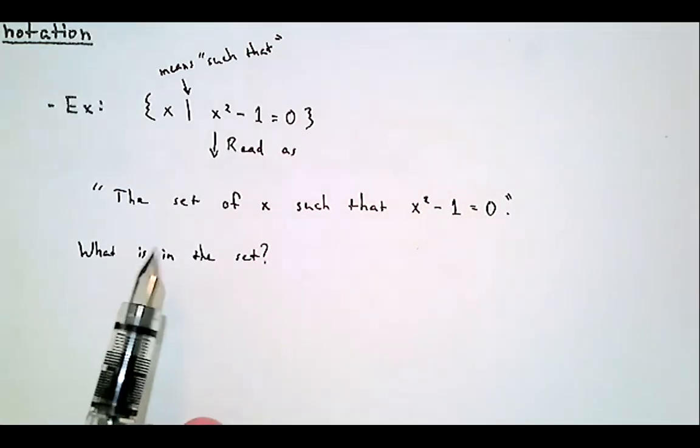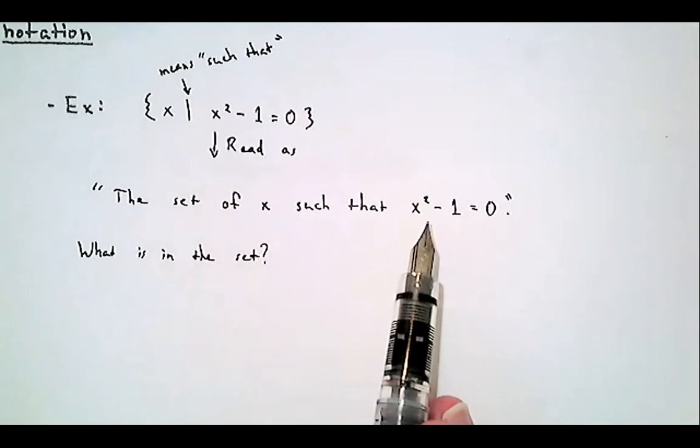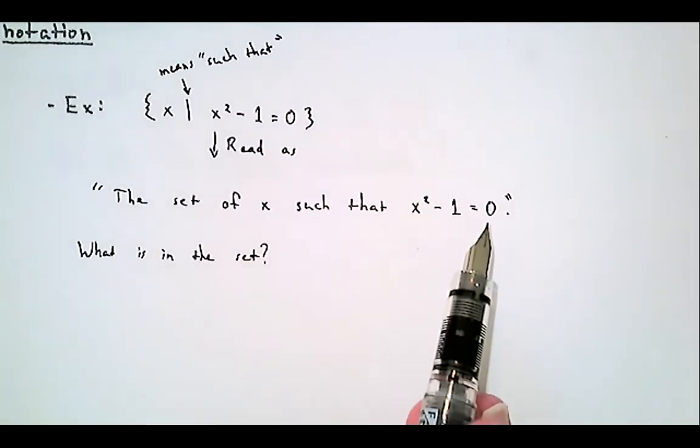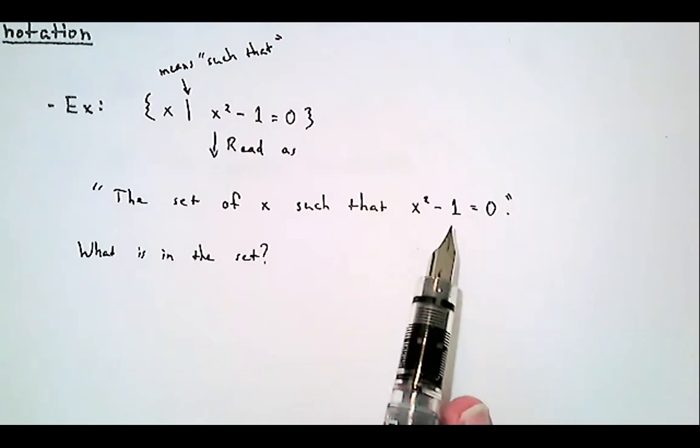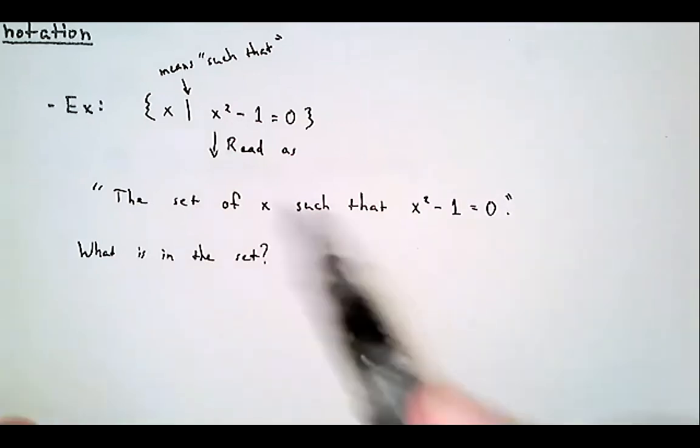The sentence tells us that it's going to be numbers, x, that satisfy this equation, x squared minus 1 equals 0. So if we want to figure out what elements are in the set, we have to solve that equation.